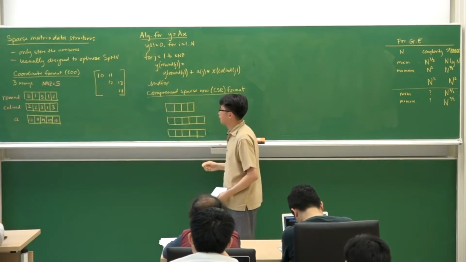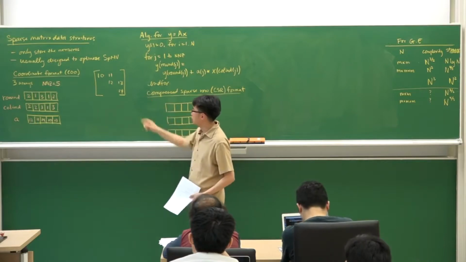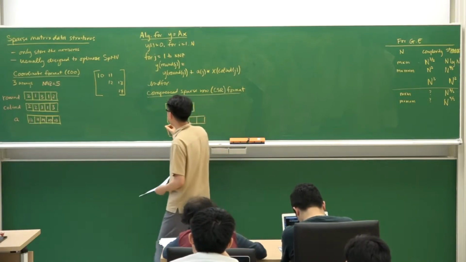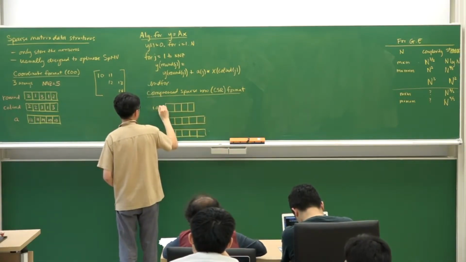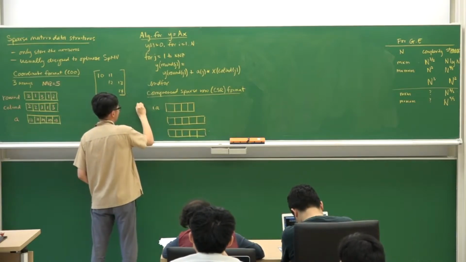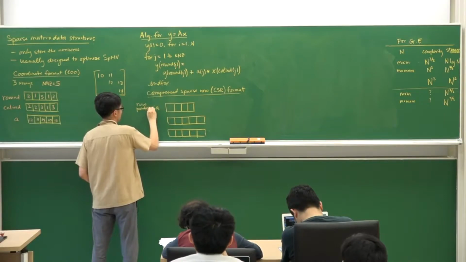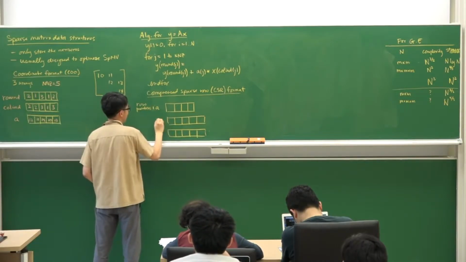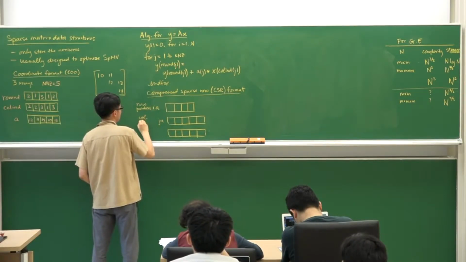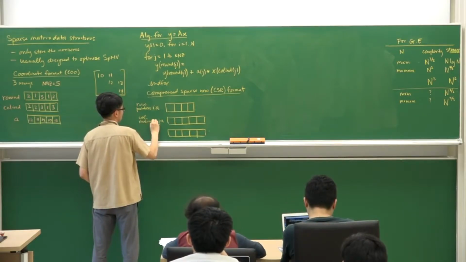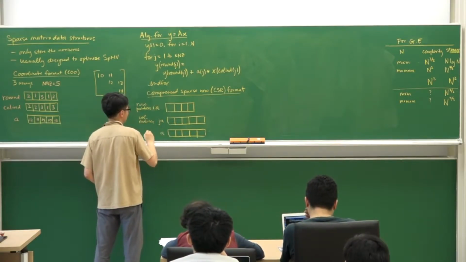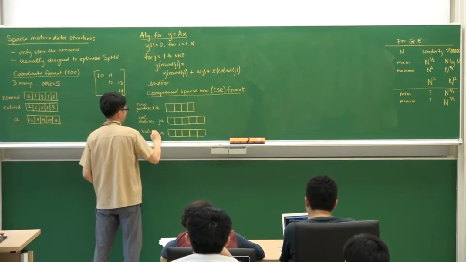Okay, and I'm going to draw the format for this matrix again. The first array is called IA, and these are also known as row pointers. Next array is called JA, and they're also known as column indices. And then the last array is called A, which are just the values.